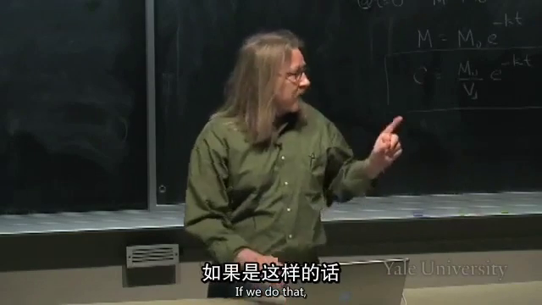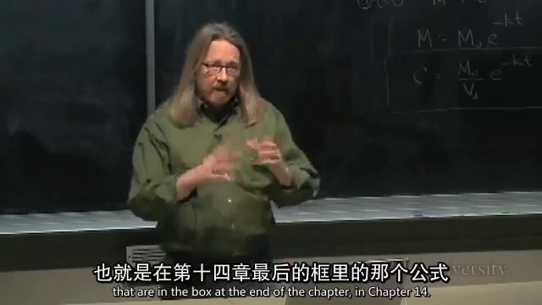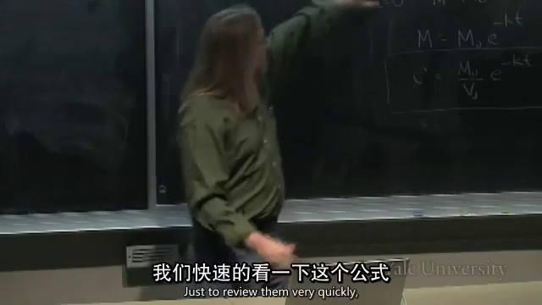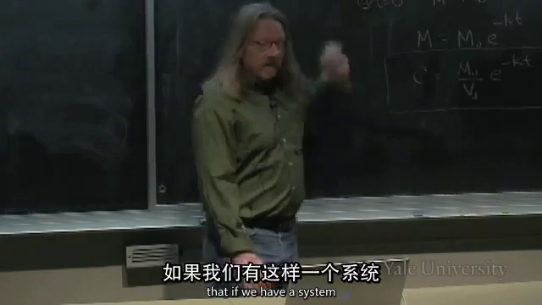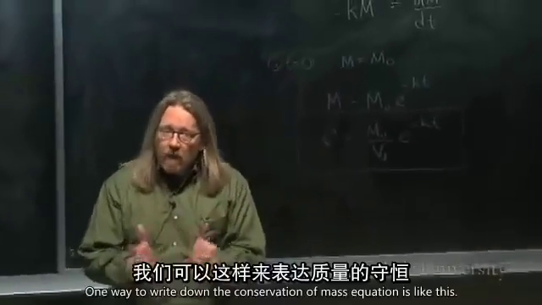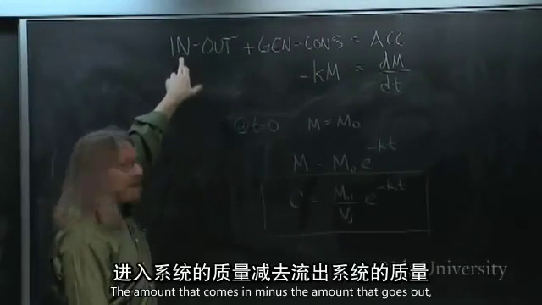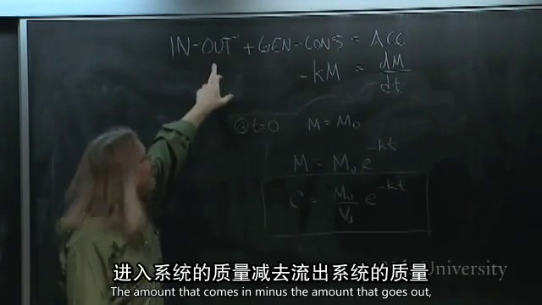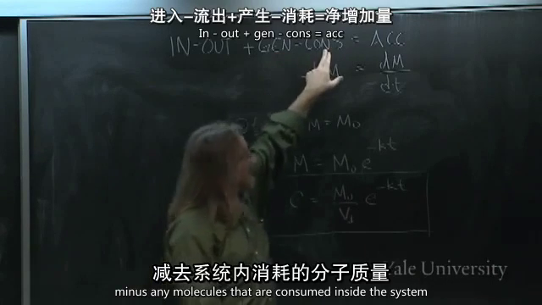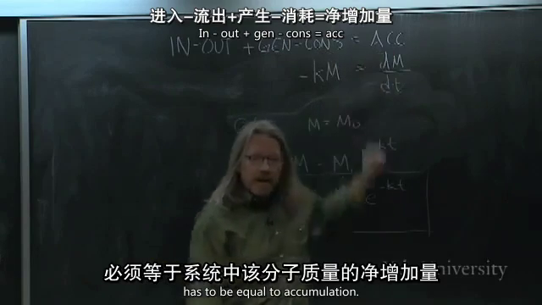And if we do that, I wrote on the board today the equations that are in the box at the end of the chapter, in chapter 14, just to review them very quickly. If we have a system like this, we know that mass has to be conserved. And one way to write down the conservation of mass equation is like this: the amount that comes in minus the amount that goes out, plus any molecules that are generated inside, minus any molecules that are consumed inside the system, has to be equal to accumulation.